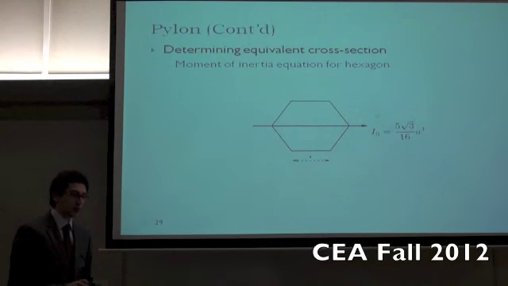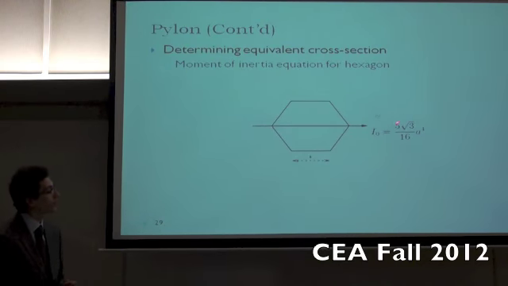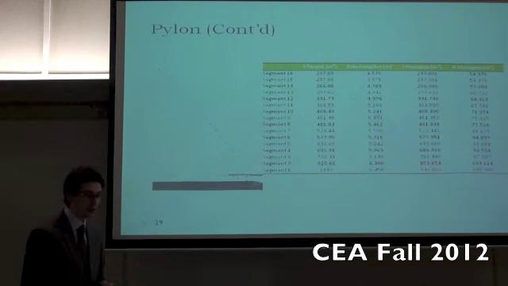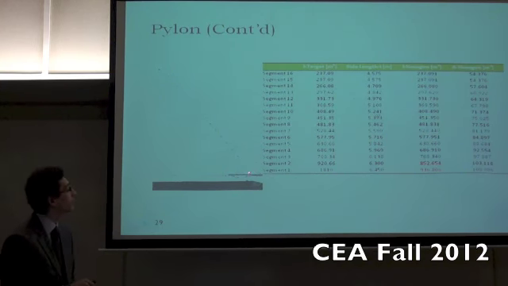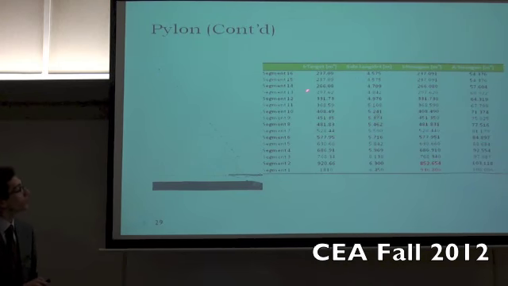And now we move to the part where we have to calculate the equivalent moment of inertia of the different pylon sections. We use the equation of a regular hexagonal shape in order to calculate the A, which is the side length of each section. Here we can see we formulated a table which divides the pylon into 16 different segments, each one with a different moment of inertia.